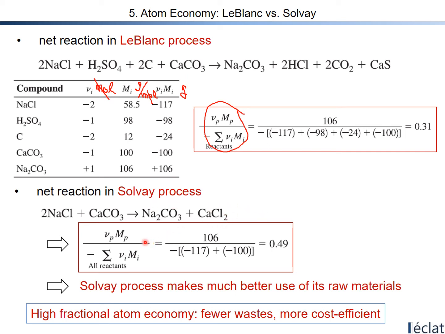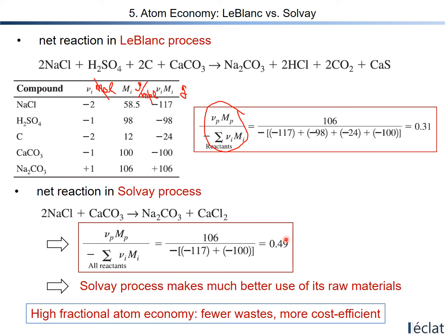So fractional atomic economy, or PR ratio in mass, is equal to product 106, and then reactants, only two are involved, sodium chloride and calcium carbonate, so 107 and 100 here. Then the value of the fractional atom economy is 49%.